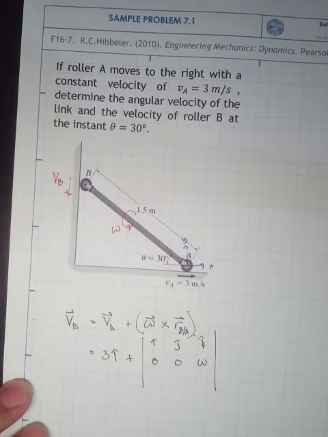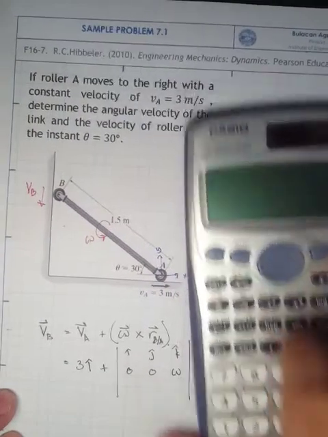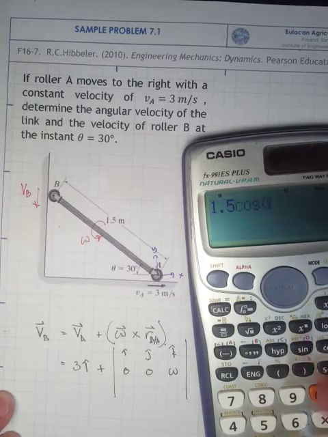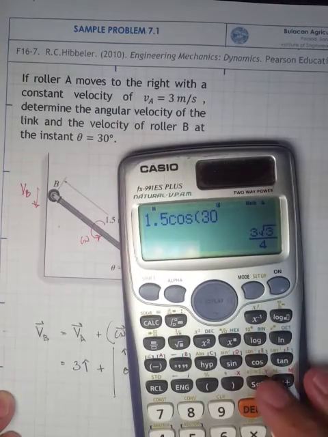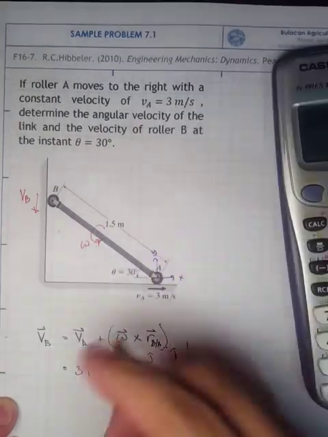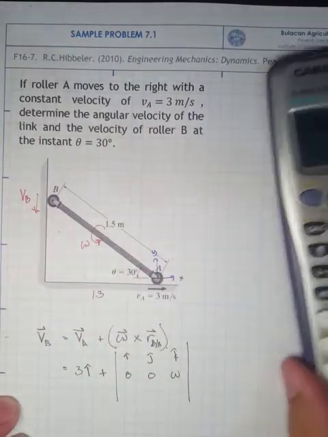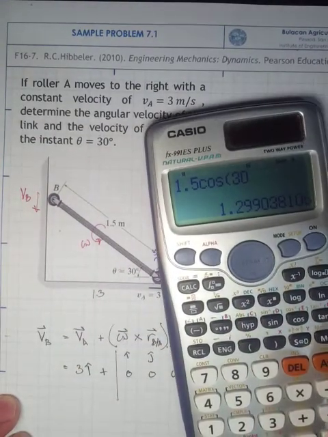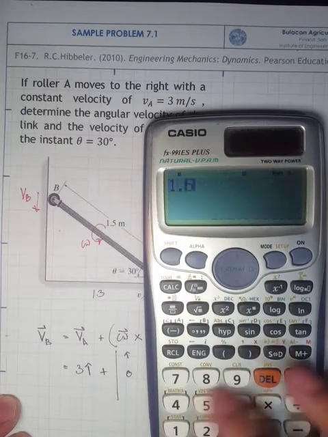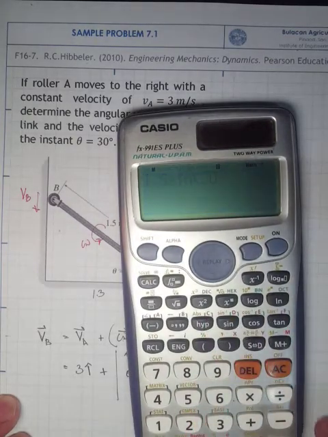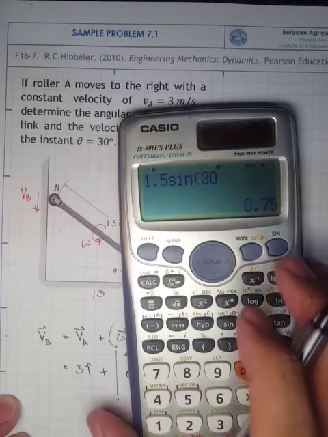So here, if we solve, it's just 1.5 cosine 30, so that's 1.3. And then the other one, 1.5 sine 30, so 0.75.